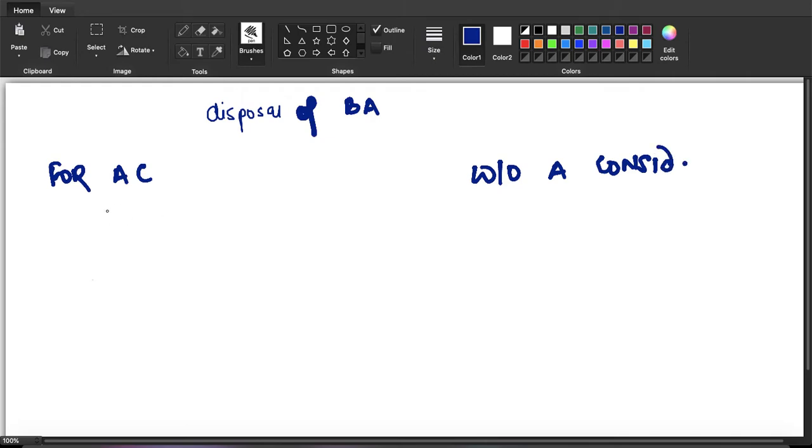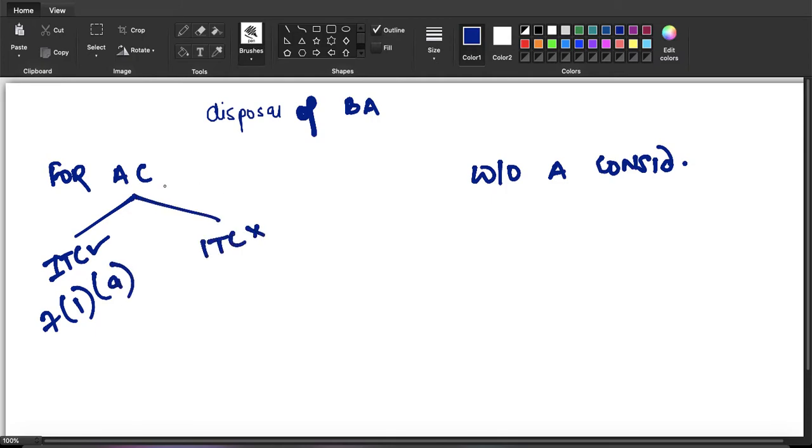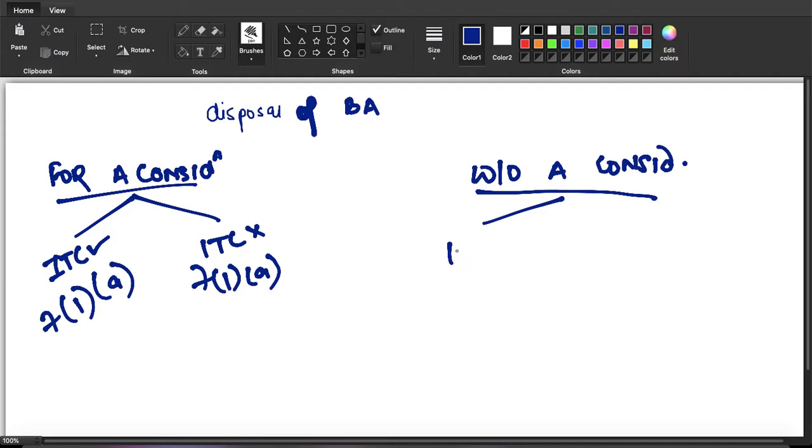Now if it is for a consideration and ITC availed, then it comes under 7.1a, right? Now if ITC not availed, but it is for a consideration, it is already covered under 7.1a. Now if it is without a consideration and ITC is availed, then it comes under 7.1c.